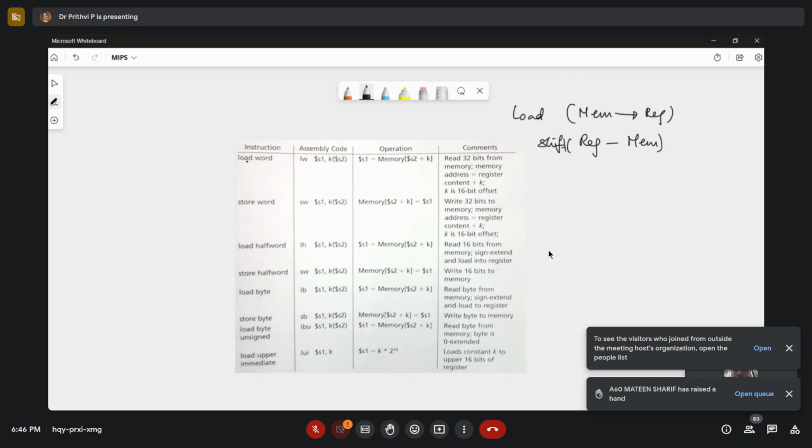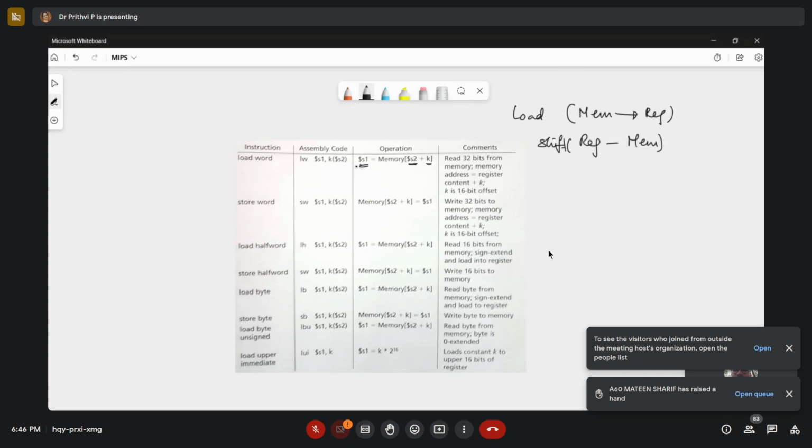Say the load word means here the element of S2, that means this is the memory location. Onto that you have to use the k-bit constant offset, and this content will be loaded onto the register S1. What is the meaning of this?